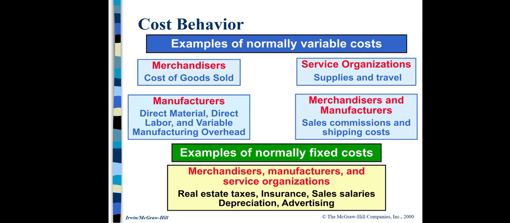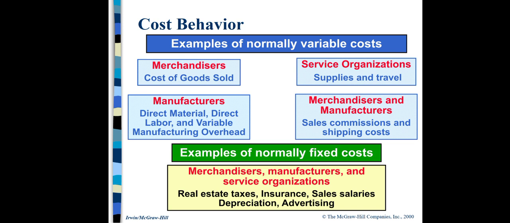And then the examples of normally fixed costs for the merchandisers, manufacturers, or the service organizations are the same. The examples for the fixed cost are real estate tax. Jadi pajak real estate ya, misalnya dia menyewa ruko untuk kantornya, maka ada pajak real estate.